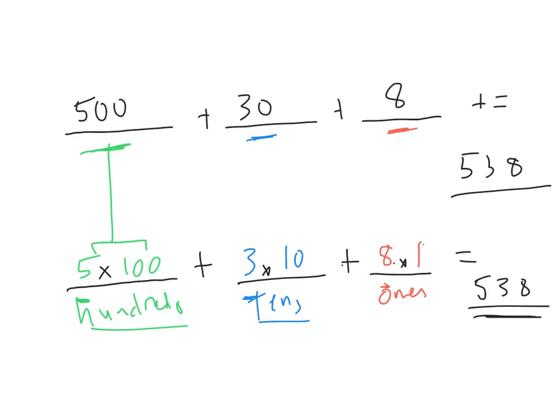If we count by hundreds, we get 100, 200, 300, 400, 500. 30 is just 3 tens, right? 10, 20, 30. And 8 is just 8 ones. We count by ones 8 times. 1, 2, 3, 4, 5, 6, 7, 8, right?